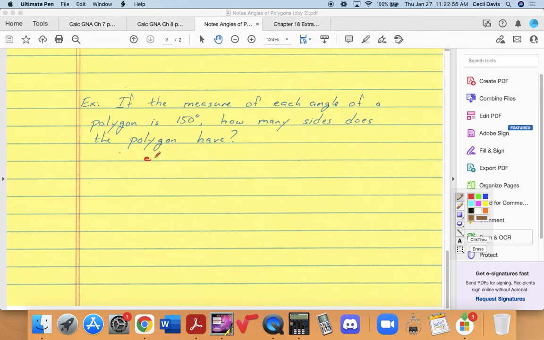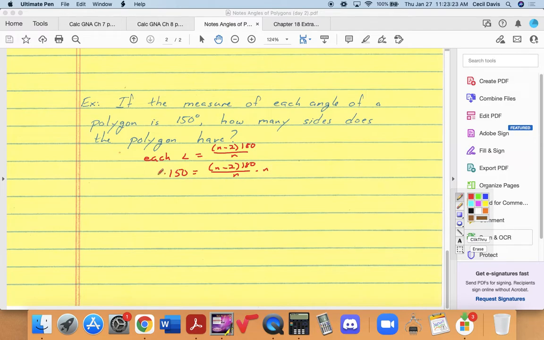So each angle is going to be equal to n minus 2 times 180 over n. So that'll be 150 is equal to n minus 2 times 180 over n.